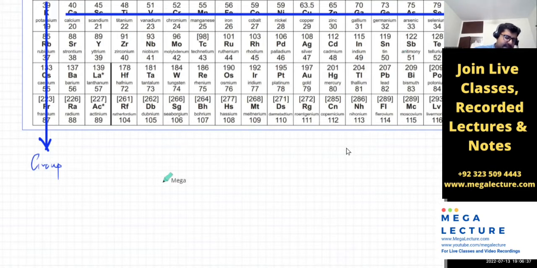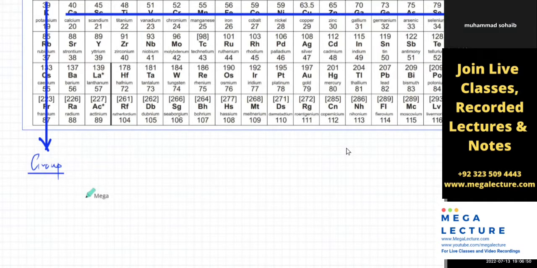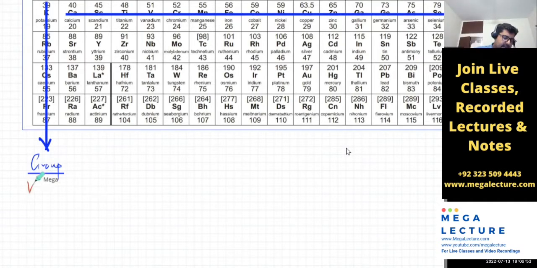Now, what information does your group give you about the electronic configuration? It gives the valencies. Okay, so it tells you the valence shell electrons. Valence shell means the outermost.